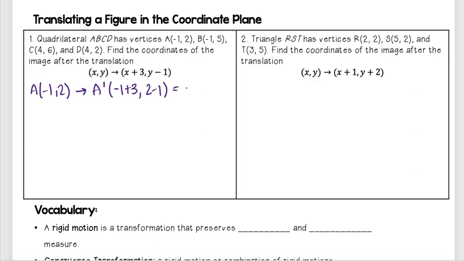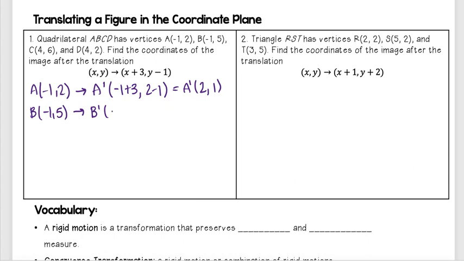And so after I do that, I get negative 1 plus 3 is 2. And 2 minus 1 is 1. And so I'm just going to keep repeating that for every single one. And so my B is negative 1, 5. Now since I'm translating it, I have B prime.